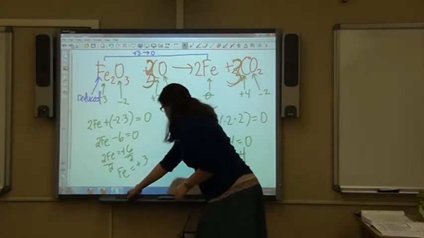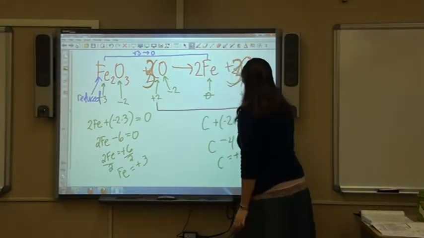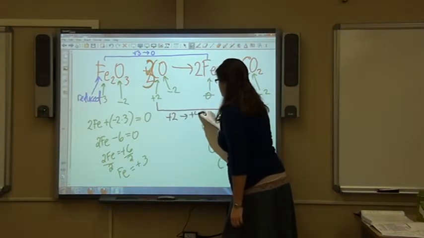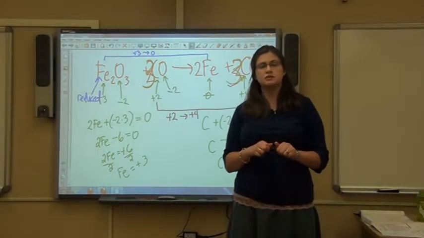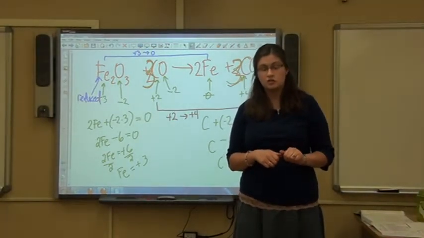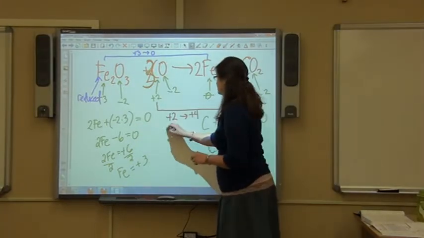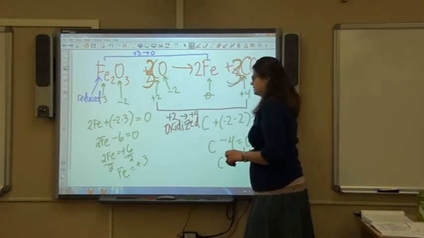Now the other substance that's oxidation number changes is the carbon. It's going from an oxidation number of +2 to one of +4. Is that getting more positive or more negative? That's getting more positive, therefore you're losing electrons, so it's oxidized.